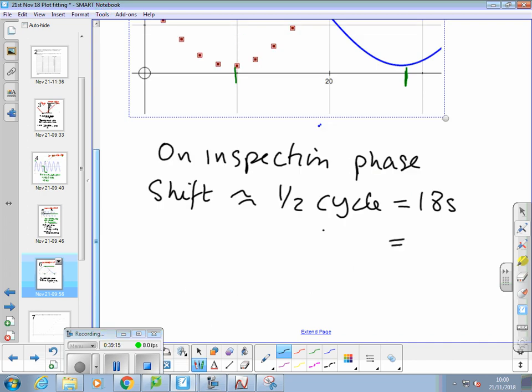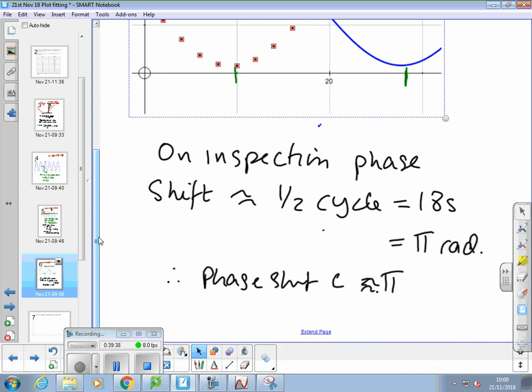That's equal to pi radians. Therefore, phase shift C is approximately equal to pi.